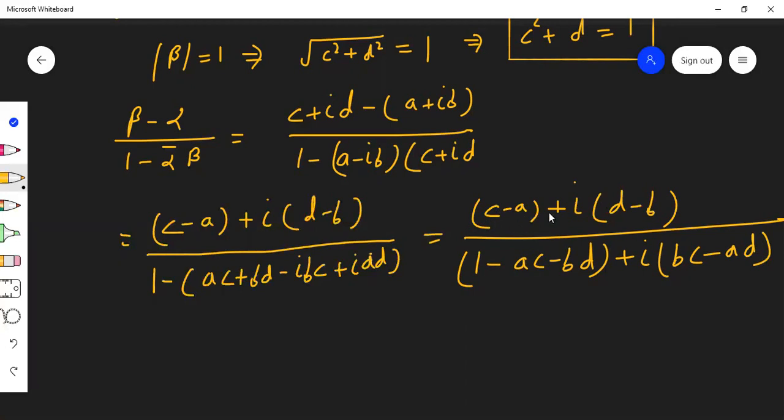Now this is in the form of Z1 by Z2, the first complex number in the numerator and another complex number in the denominator, which we have written in a plus ib form.